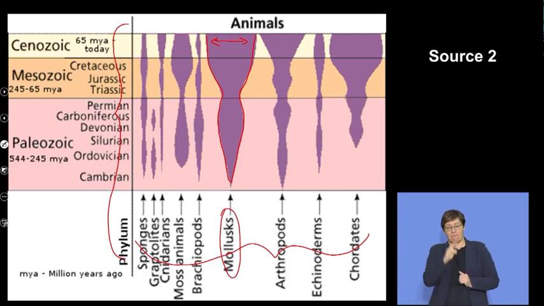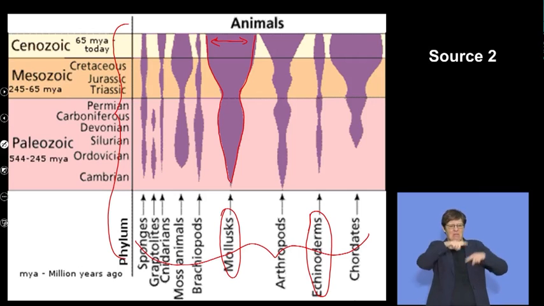If we have a look here, echinoderms, those are sea urchins, and there are not a lot of different types of that. Okay, so it's looking at how many animals of each different type existed, and as you'll notice, as we go up the geological time scale, the size of the bars changes.